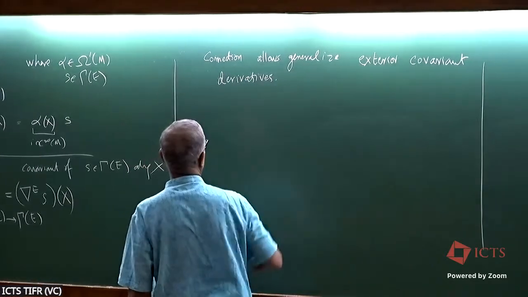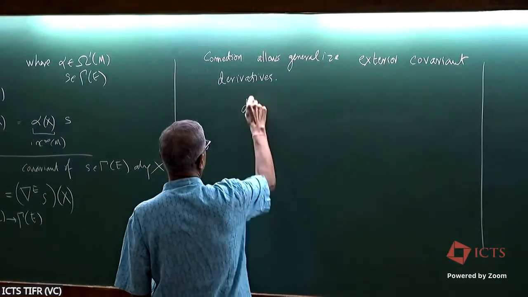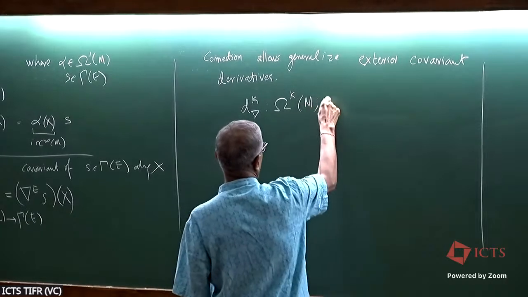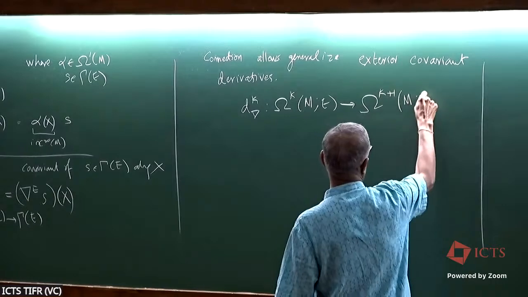You get a whole family. So this D nabla K will go from E valued K forms to E valued K plus 1 forms.